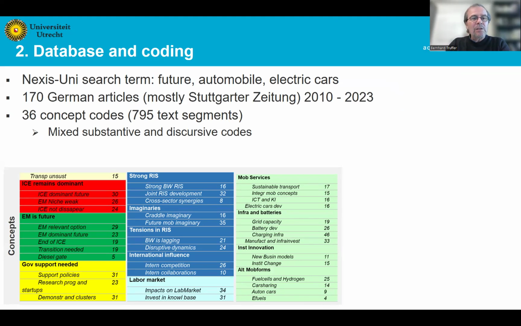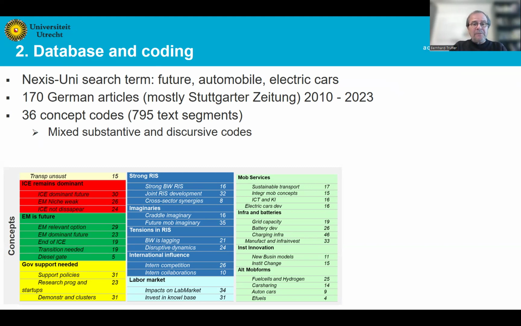If you look at the coding tree, you see in the colors the sort of overarching units of analysis. So the red dots that you will see are representative for statements and activities that are supportive to the internal combustion engine and essentially claim that this will remain important in the future.